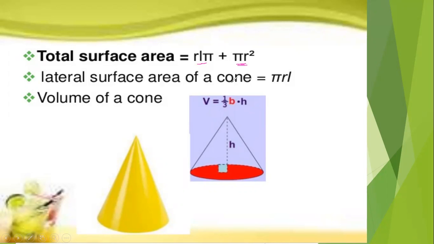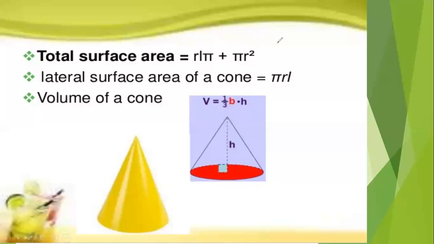Then the lateral surface area is pi r l, because the lateral surface area removes the base, and then the volume is a third multiplied by base area multiplied by h. This is how we get the volume of a cone.